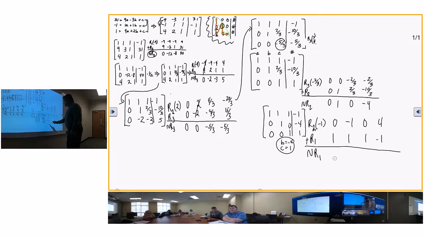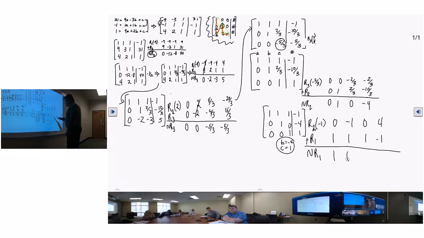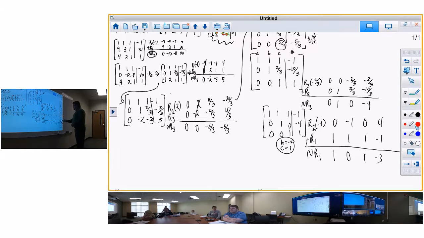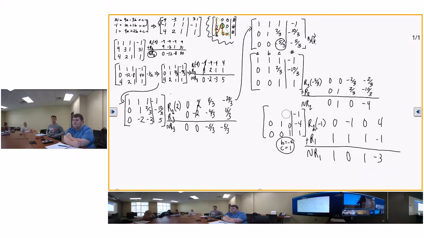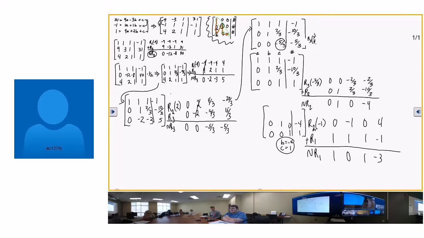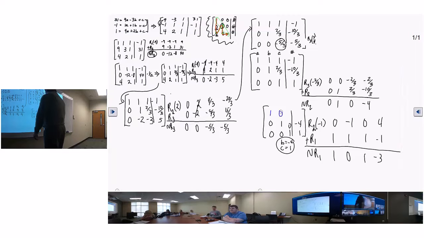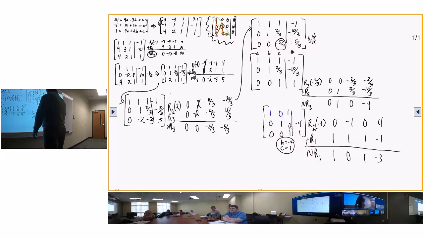And that becomes a 1, that becomes a 0, that becomes a 1, and that becomes a -3. So I'm just going to erase my row 1 here. And I'm going to put my new row 1 in blue so you'll know that I erased it. 1, 0, 1, and -3. Now what?